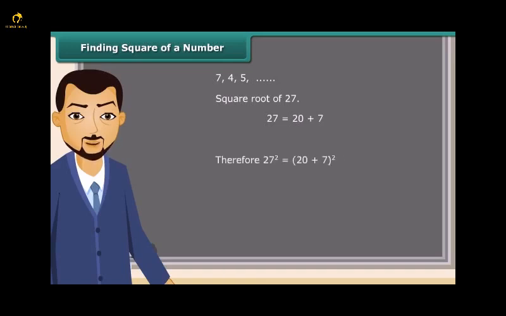Therefore, a square of 27 is equal to 20 plus 7 whole square, which is equal to 20 into 20 plus 7 plus 7 into 20 plus 7, which is equal to 20 square plus 20 into 7 plus 7 into 20 plus 7 square, which is equal to 400 plus 140 plus 140 plus 49, which is equal to 729.